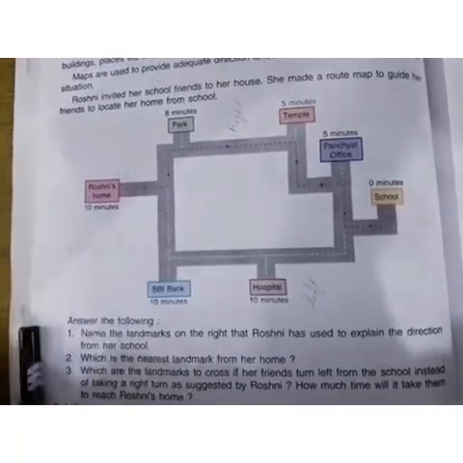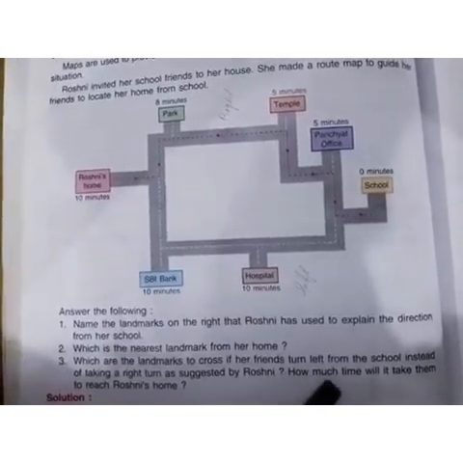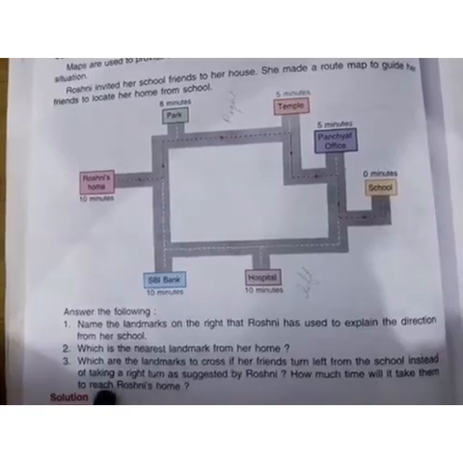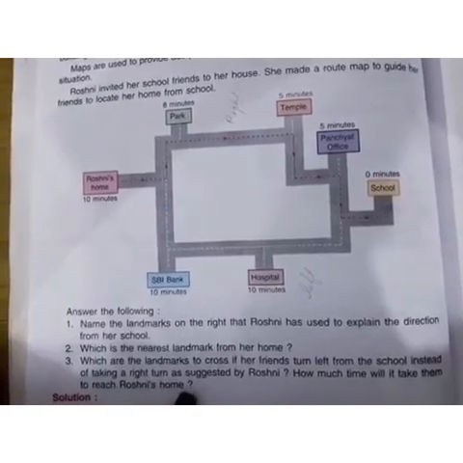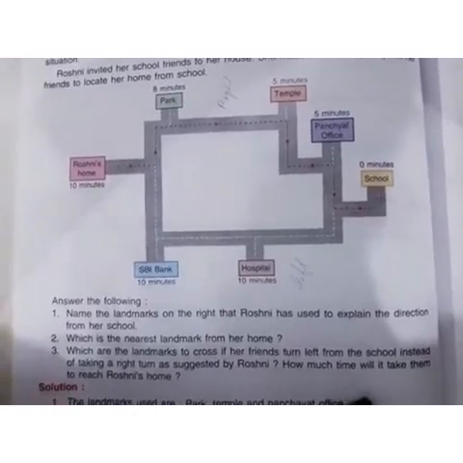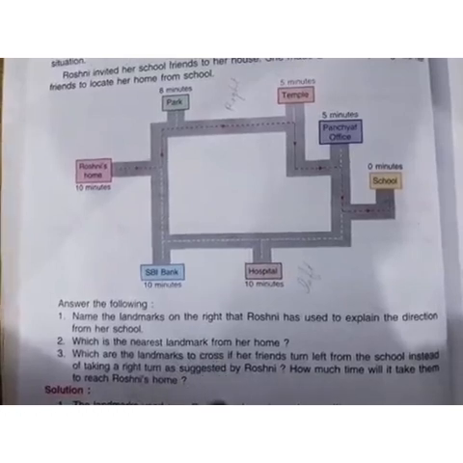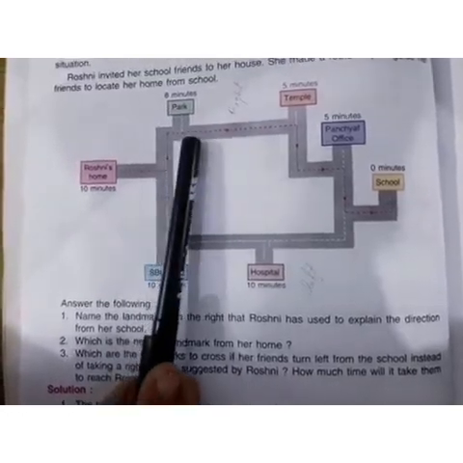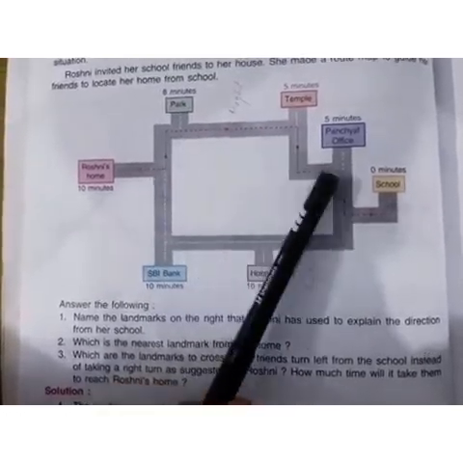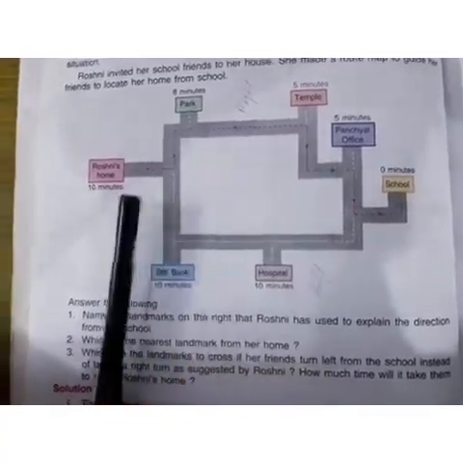Now question 3: which are the landmarks to cross if her friends turn left from the school instead of taking a right turn as suggested by Roshni? How much time will it take them to reach Roshni's home? From school, if they move towards the right, they will take only 18 minutes.